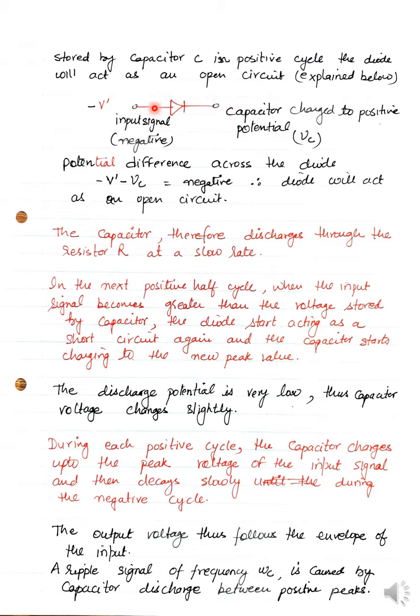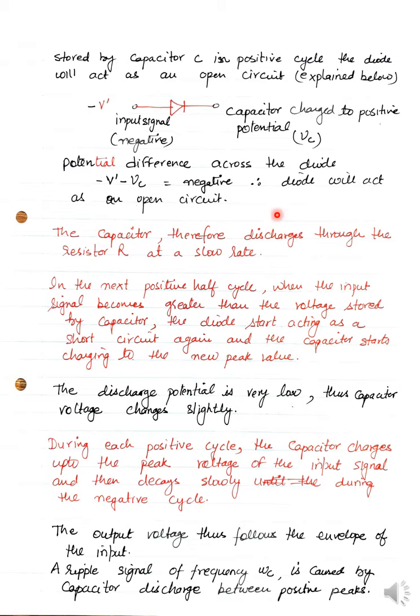When you find the potential difference between this point and this point, it will always be negative, even though the input is 0, because this is the negative terminal of the diode. So the potential difference across the diode, minus V dash minus Vc, is negative. Therefore the diode will act as an open circuit.